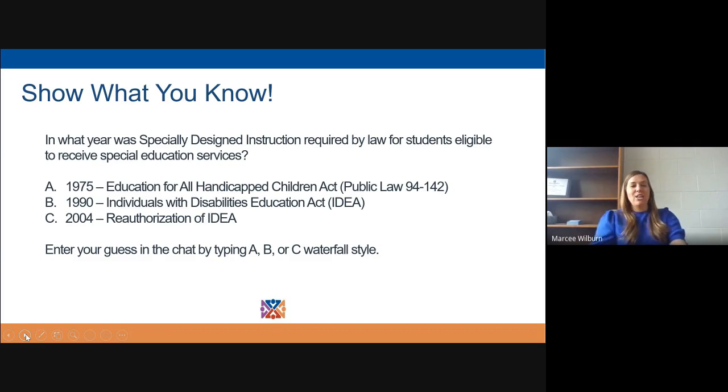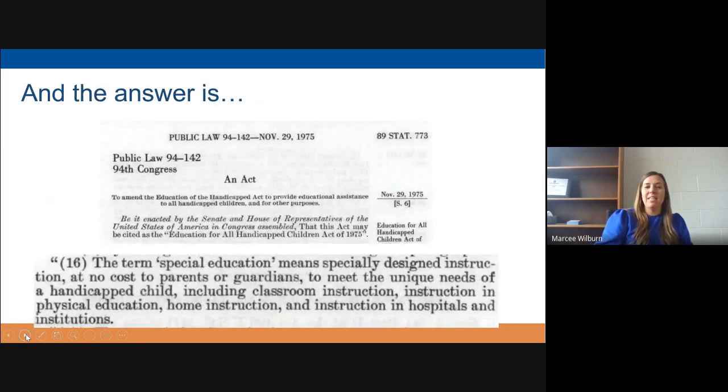All right. So the answer, for all of you wondering, because there was some mixed answers within the chat, is actually A. So specially designed instruction has been a term that has been around since 1975 within Public Law 94-142.